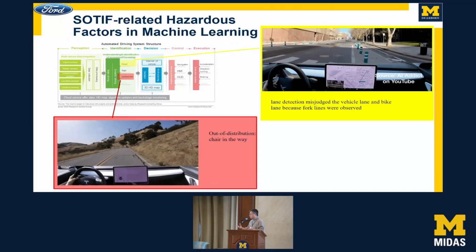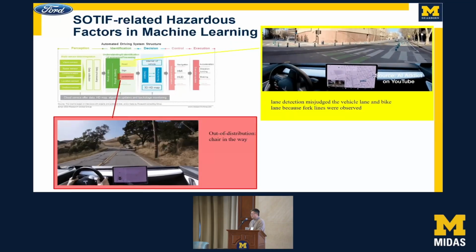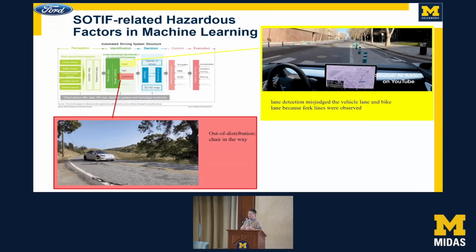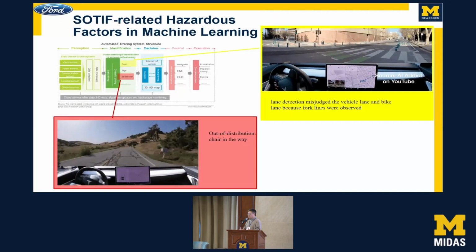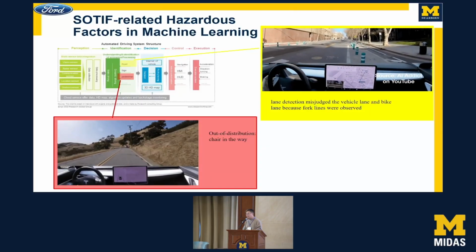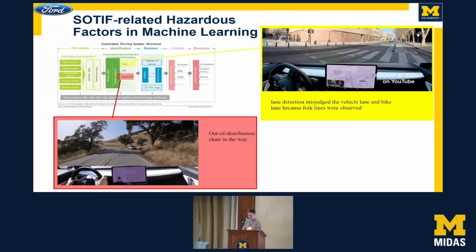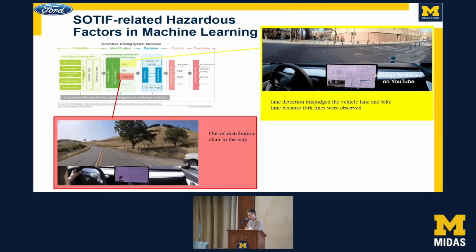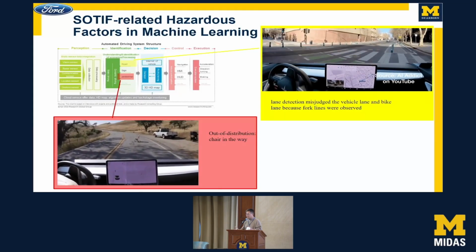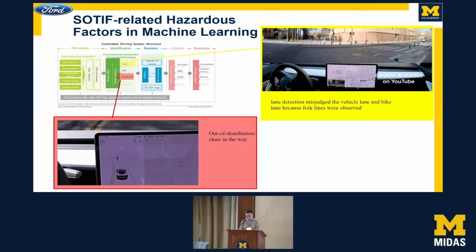I want to show you two examples in autonomous driving where AI makes mistaken decisions. The first is lane detection. This car turned right and didn't realize there were pillars. That's really dangerous, right?